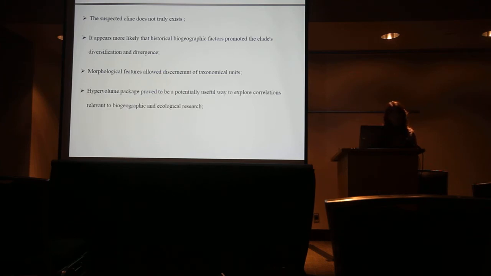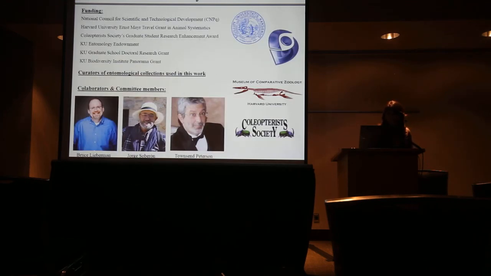And the main conclusion of this work is that the hypervolume package is very useful, and using it along with other techniques can be very interesting to understand correlations and other relevant biogeographical and ecological research problems. With that, I end my presentation, and I would be glad to take any questions.